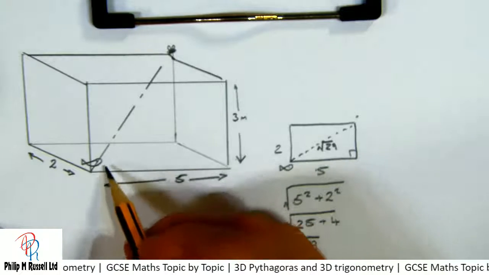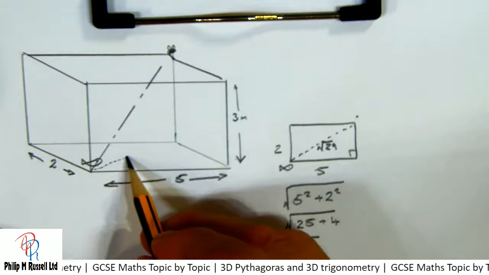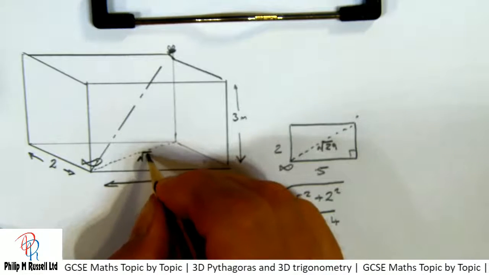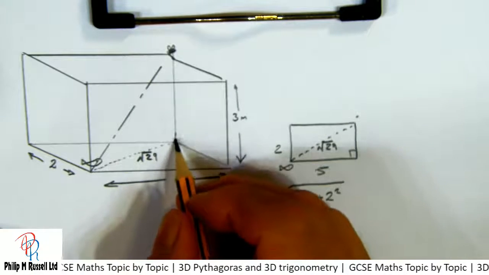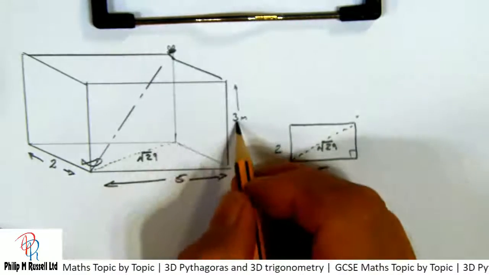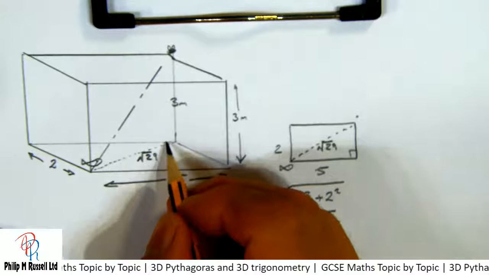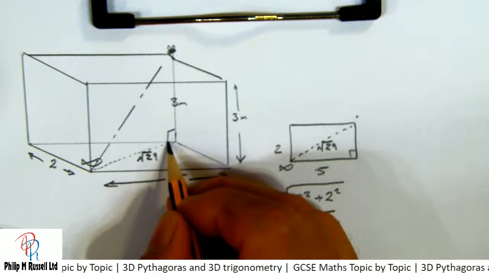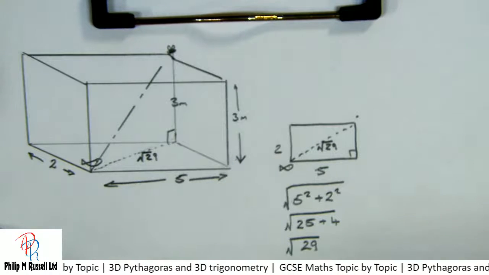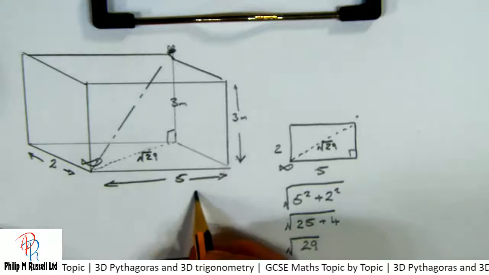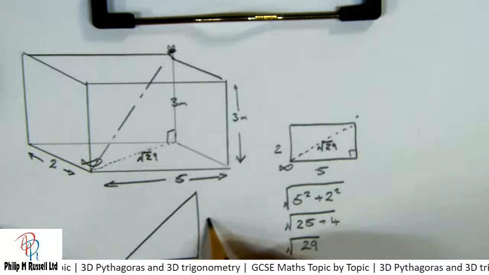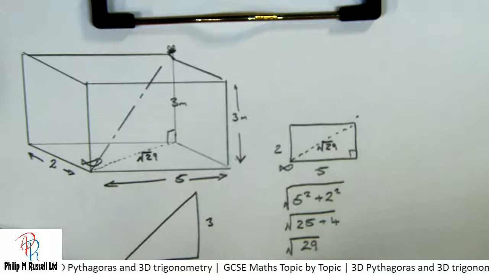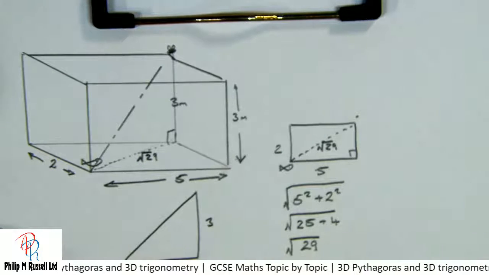Now let's have a look at what we've done. We've worked out the distance across here, and this we know is the square root of 29. We know this distance going up, it's 3 meters, and we know that this angle will meet there at 90 degrees. So we've got another triangle. We know this height is 3 meters, and we know this length is the square root of 29.